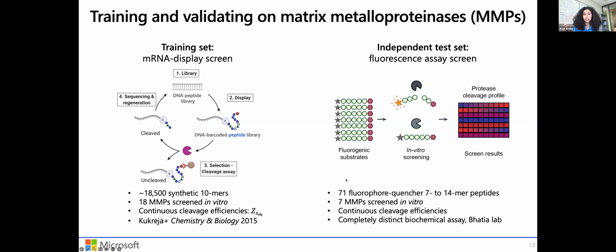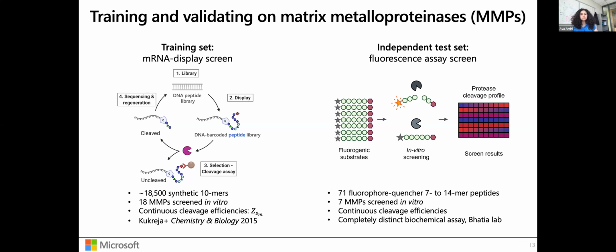They're screened individually, where we have a fluorophore tag on the substrate such that cleavage by a particular enzyme will trigger fluorescence, allowing us to generate these cleavage profiles. And importantly here, the length of these peptides differs, and we have 71 of these screened independently against these 7 distinct MMPs.